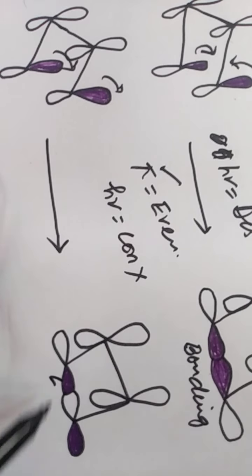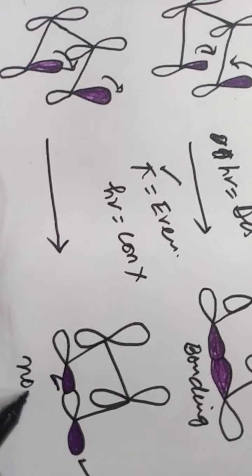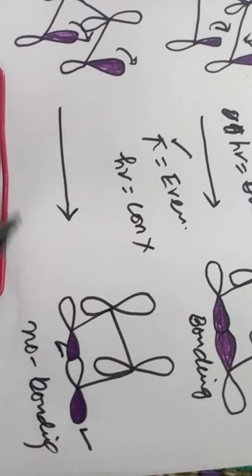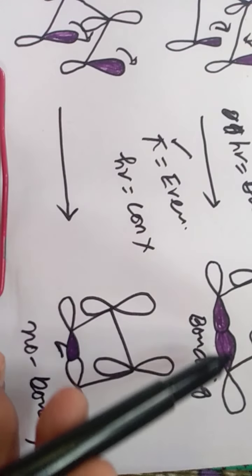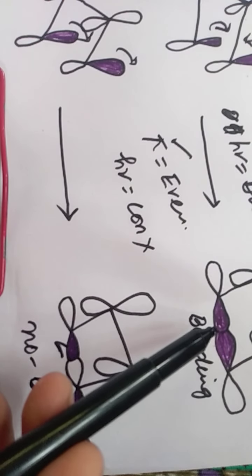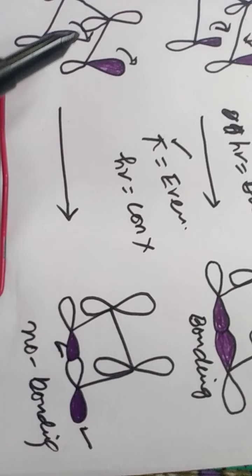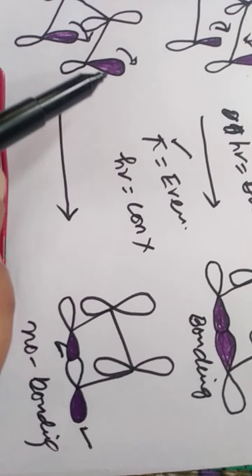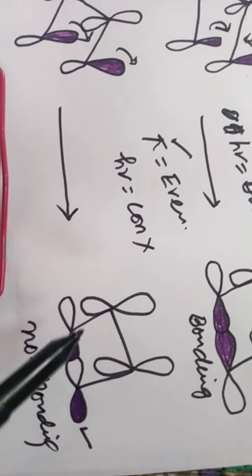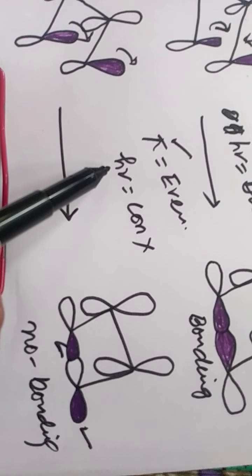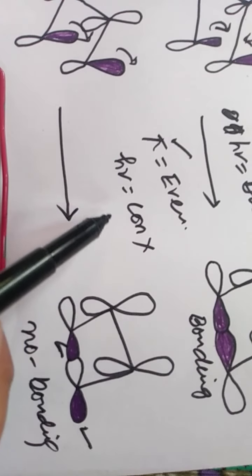The two same lobes do not interact, so there is no bonding interaction, and no bond is formed in this case, because for bonding the two same lobes are required. If these two bonds rotate conrotatively, then there is no reaction, there is no bonding, so the photochemical conrotatory reaction is not there.